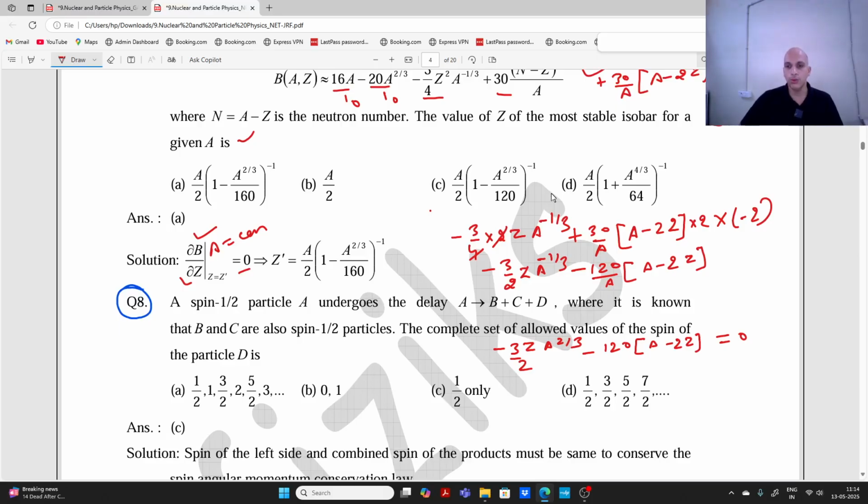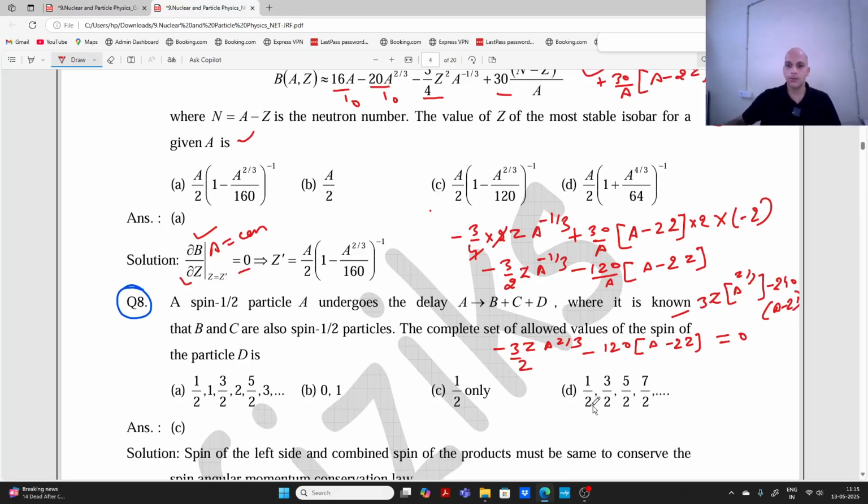Now I am also taking 2 as LCM, multiplying here, so in the next step I can write minus 3z into a power 2 by 3, right, minus 240 into a minus 2z.